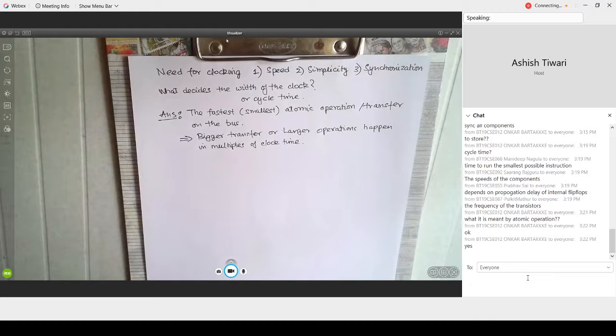How does a computer keep on repeating the fetch and execute cycle for each instruction?